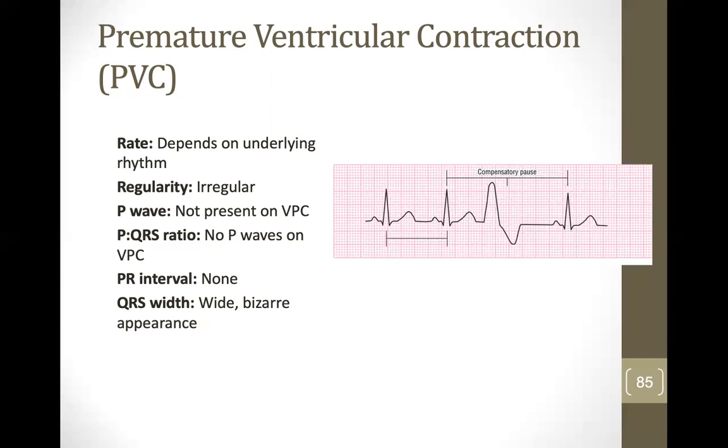Here, it was a normal sinus rhythm, so it was between 60 to 100 beats per minute, but all of a sudden there's this irregularity in it because of that. It doesn't have a P wave on it, so we know it wasn't a premature sinus contraction or an atrial contraction. It was from the ventricles themselves, and it has that wide QRS, which gives it that bizarre appearance that you can see right there.